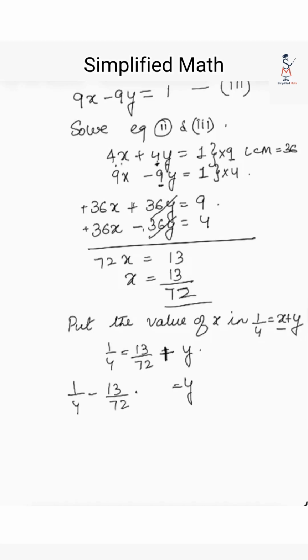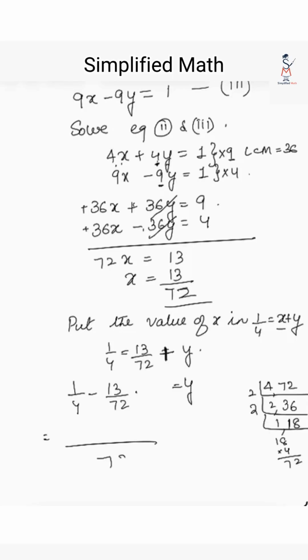Now we will see what the LCM of 4 and 72 is. 2, 3 twos are 6 and 6, 2, 1 and 18, right? So 18 into 4, that is 72 only.